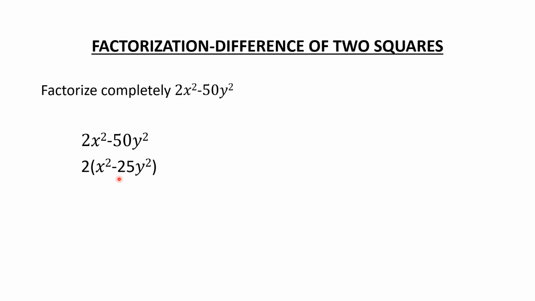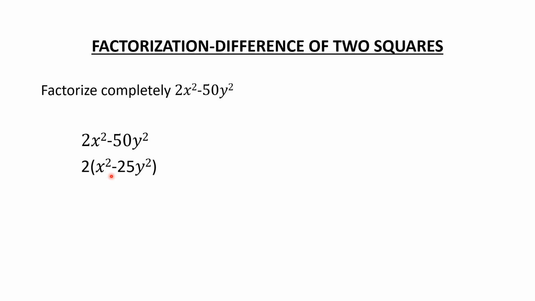After that, we ask ourselves, you don't have to be excited as if you are done, especially when you see this word. It should remind you that this factorization may involve more than one type of factorization. So you look inside and ask yourself, is there a common factor? No. But now it's a difference of two squares, because this is a square and 25 has a square root, which is 5.